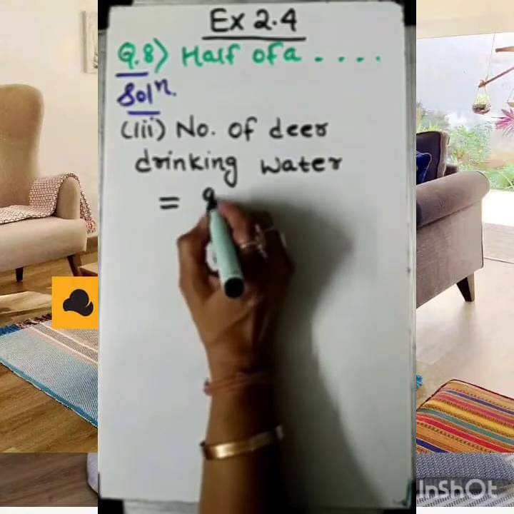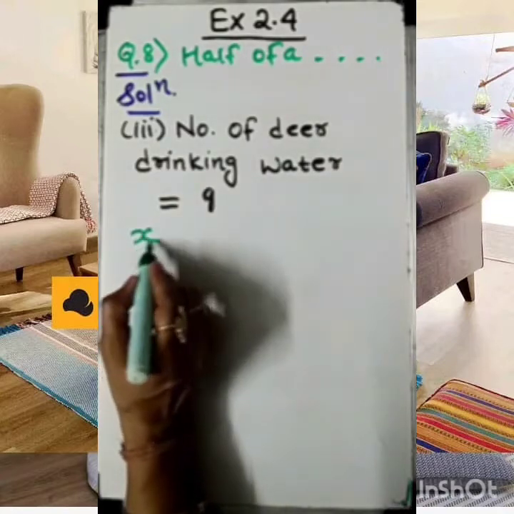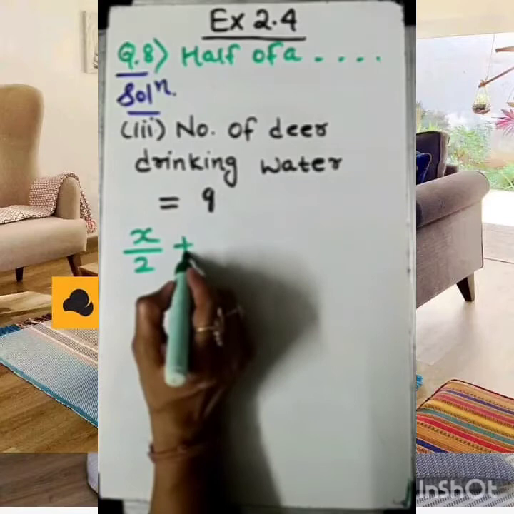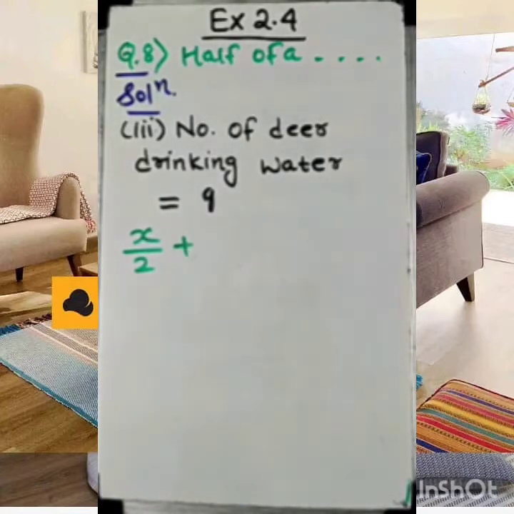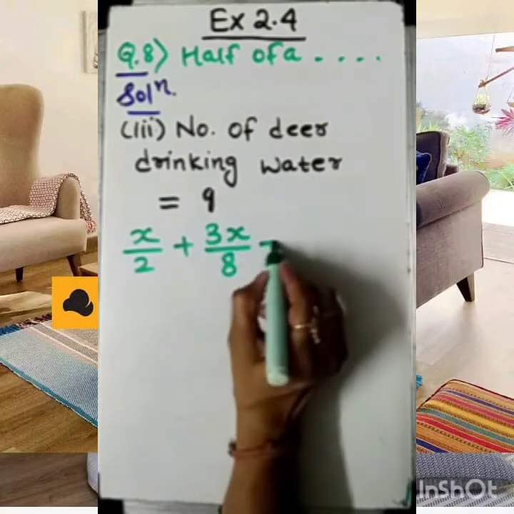What was the first result? Of course, it was X by 2. So first category X by 2. Second type, they are playing nearby. What are they? They are 3x by 8. So this we need to write, 3x by 8.